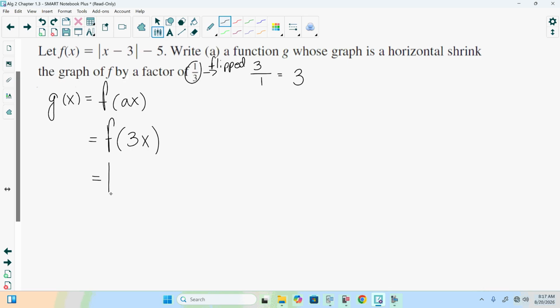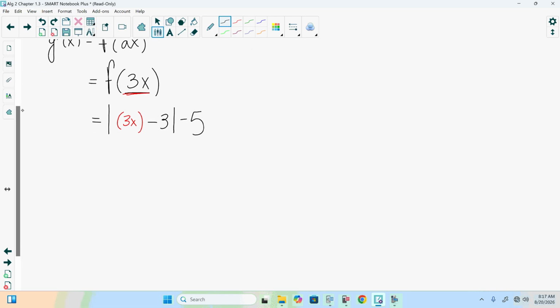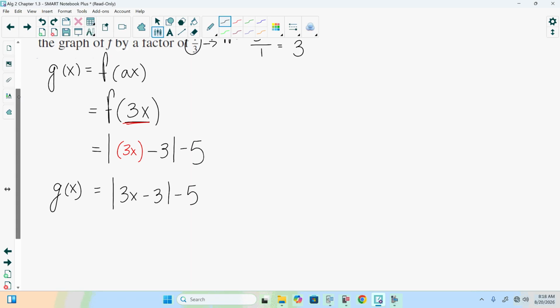Because once we do that, everything else falls in line like we've been doing. We don't have f of x anymore. We have f of 3x, which means all the x's in the function have to switch to 3x. So we have absolute value of 3x minus 3 minus 5. There's nothing in front of that parentheses with the 3x, so nothing to distribute through it, nothing to multiply it by.